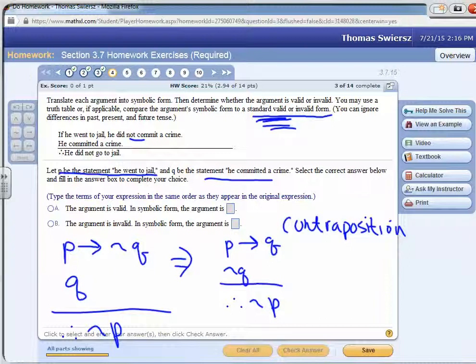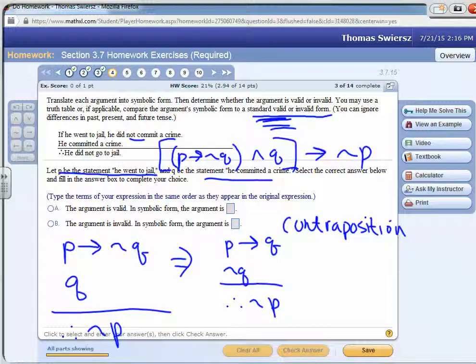Now in symbolic form, remember, you put the two premises together. If P, then not Q, and Q, that's together, does that always imply the conclusion not P? That would be the valid form, and the symbolic form of the argument is in that form right there.